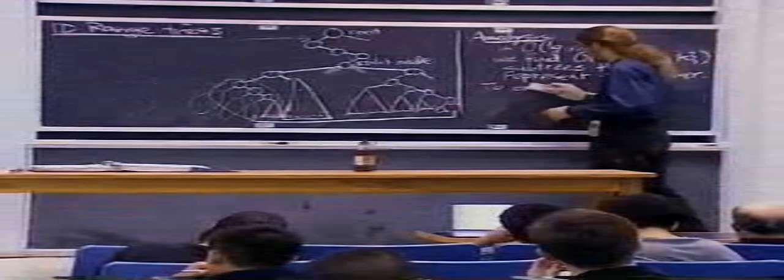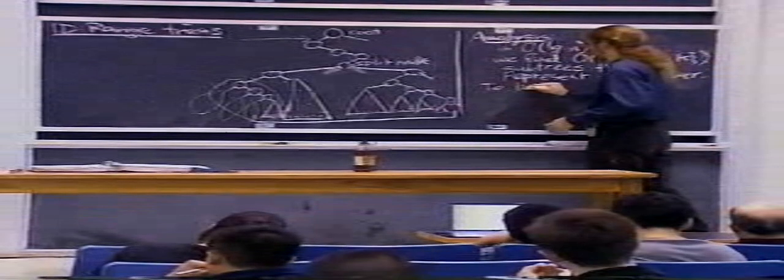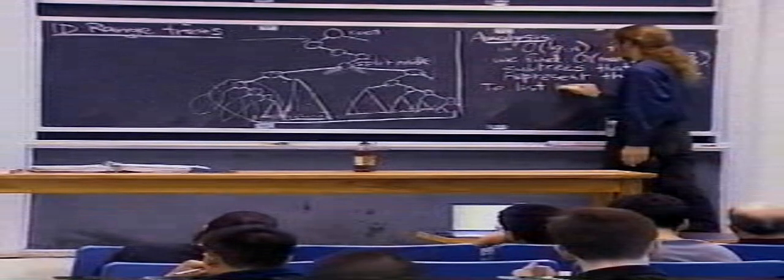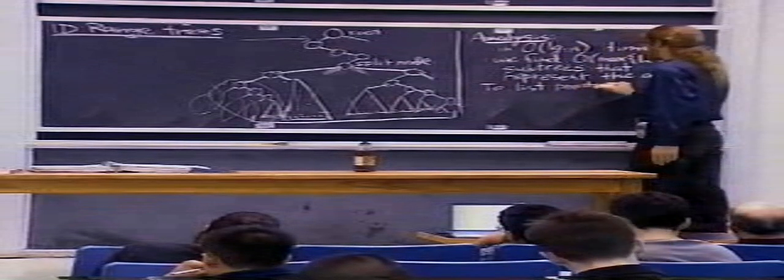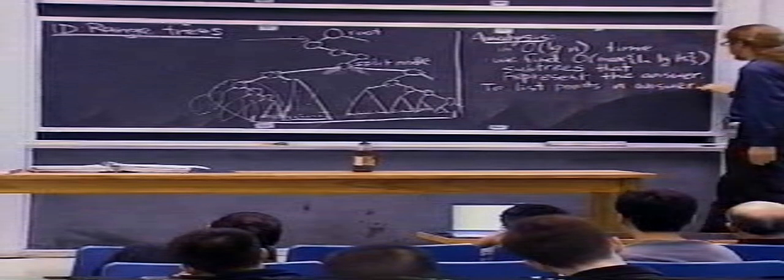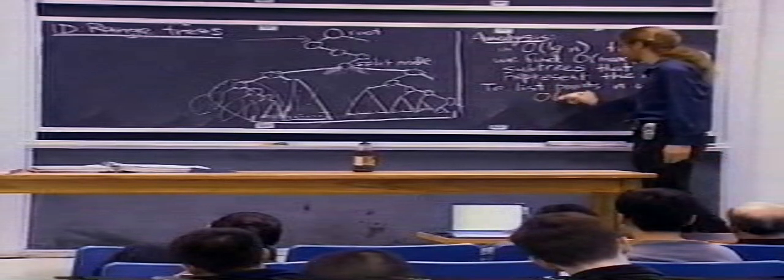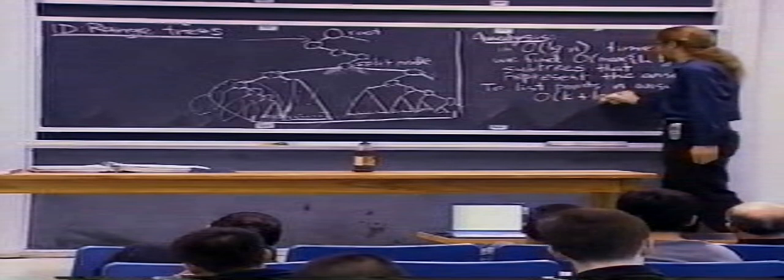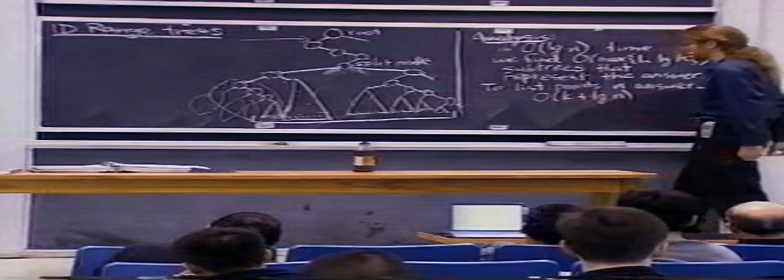Okay, so to enumerate the answer, or let's just say list. It's k plus log n to write down k elements.